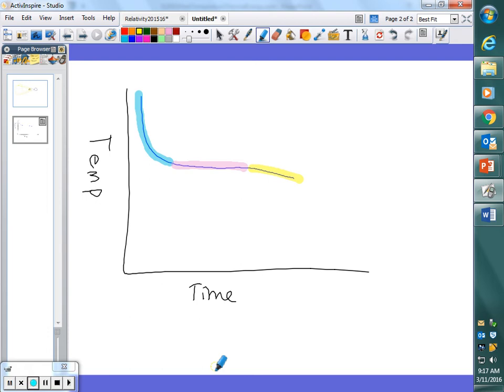And according to your graph, you probably should have found that this pink section was somewhere in the range of 42 degrees Celsius, somewhere in the low 40s, because that's the freezing point of lauric acid.